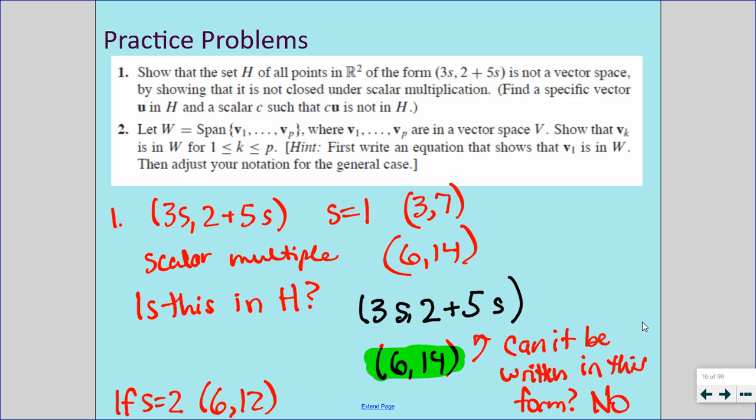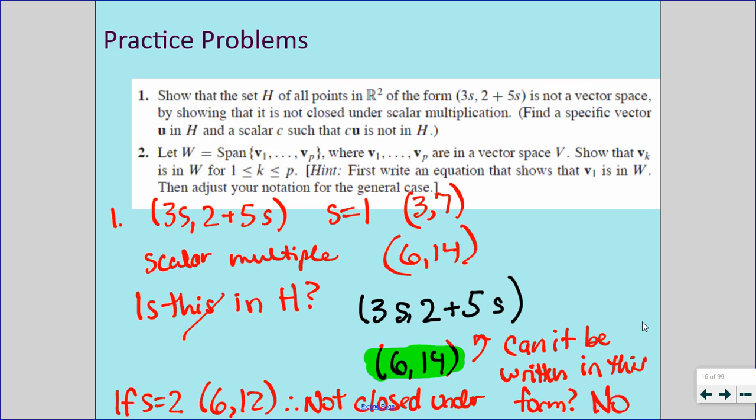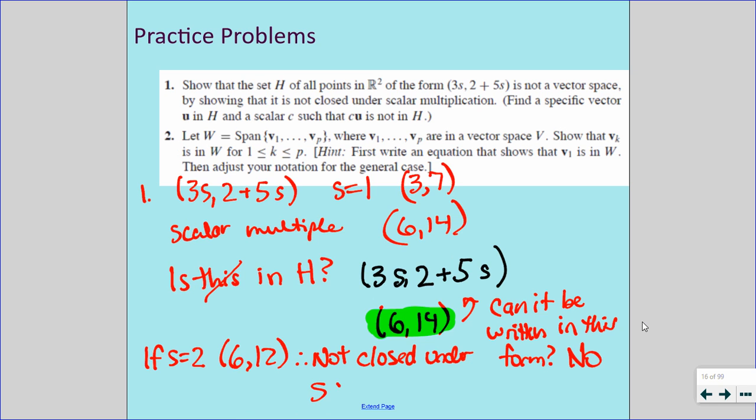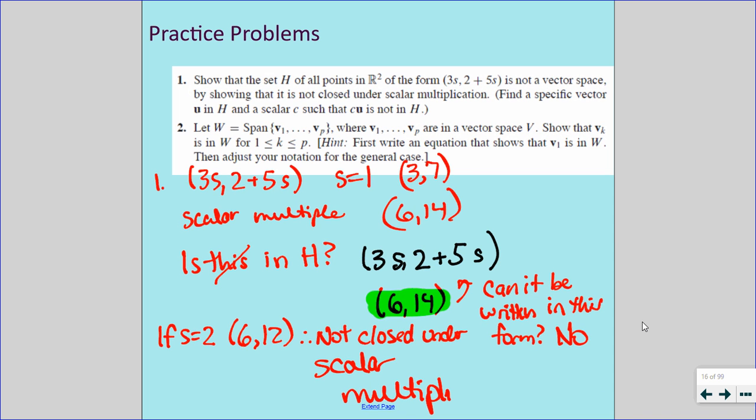Therefore, it is not closed under scalar multiplication. Okay, so that is how you prove that.